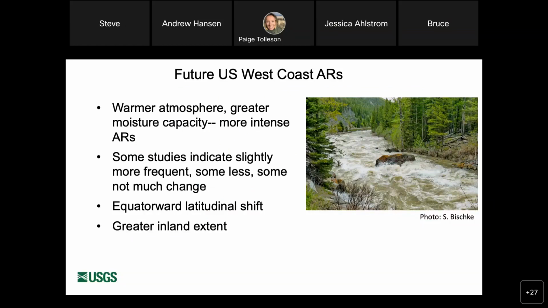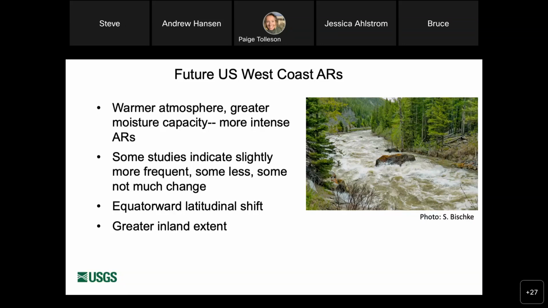And some of the modeling research out there shows indeed that there's more intensity to them just from that factor. Some studies indicate that they will be slightly more frequent, some less, and some not much change.